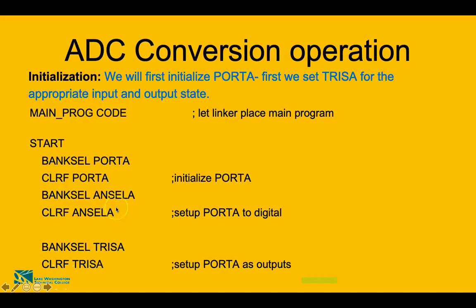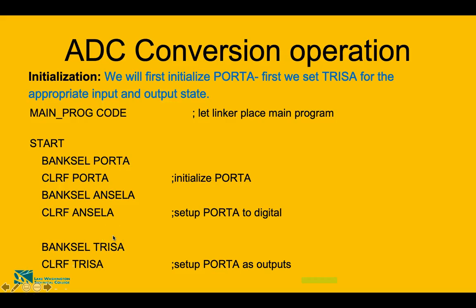Okay, and then after doing that, you will select BANKSEL TRISA, clearing TRISA. If you clear or you provide 00 hexadecimal to TRISA, that means you're making port A as output, digital output. Okay, so this is the initial starting code. You can make some changes here if you want.